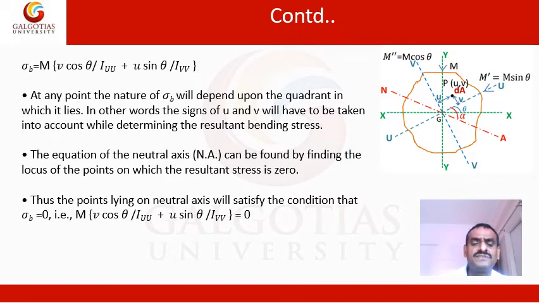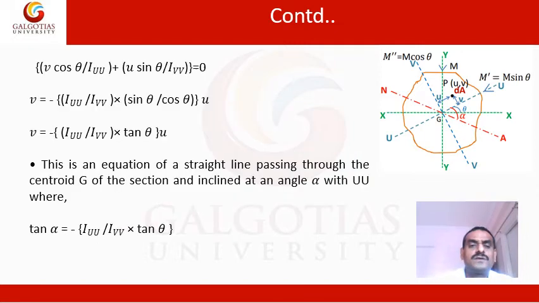By substituting the condition sigma b equal to 0 in the bending equation, it becomes M into v cos theta divided by IUU plus u sin theta divided by IVV equal to 0. So this is the bending equation at the neutral axis. Once we equate the bending equation to 0, the equation finally reduces to v equal to minus IUU divided by IVV into tan theta into u.